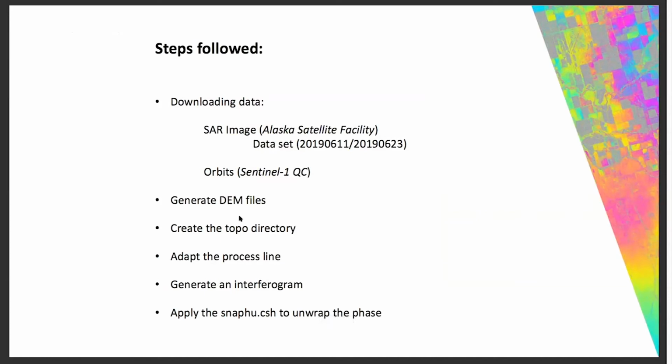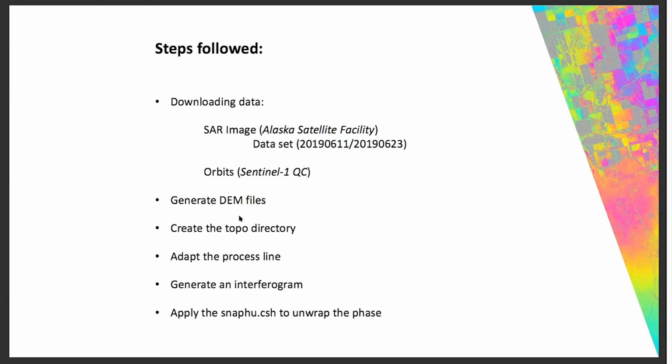Well, what did I do these days working with GMTSAR? The steps that I followed: I downloaded the data. I used the Alaska Satellite Facility to get the data. I selected those data sets from June 11 and June 23, a span of exactly 12 days. Then I got the orbits in Sentinel-1 QC, quality check.